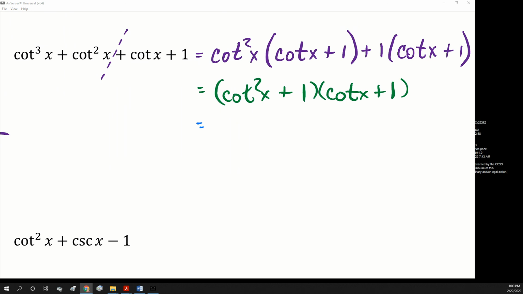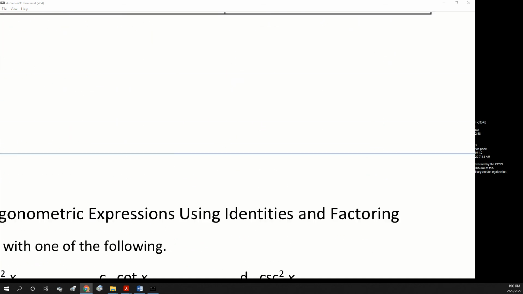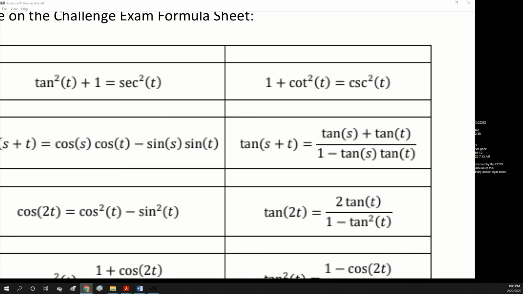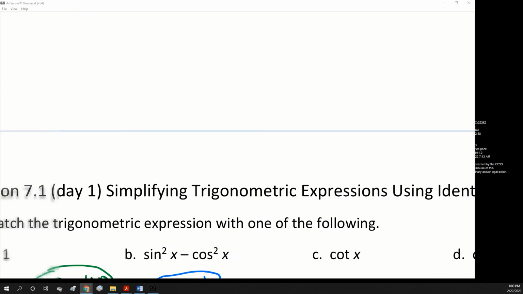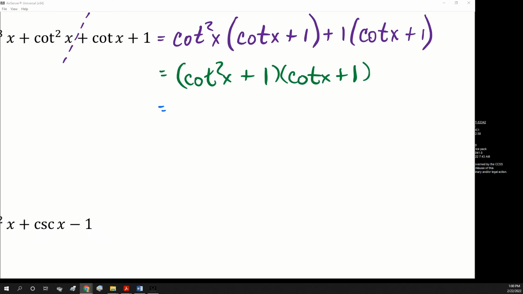All right. And then again, we have a squared term and a 1, so probably a Pythagorean identity, and it is. It's actually the way it's written this time. So cotangent squared of x plus 1 is the same thing as cosecant squared of x. So we'll just replace it there we go.